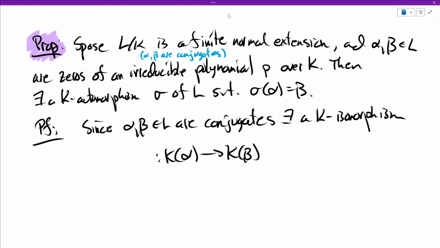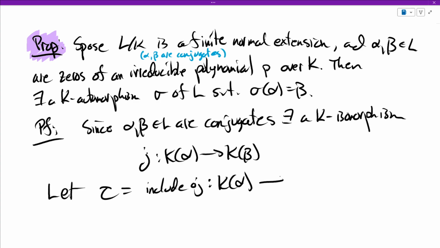Let me call it J. Let's let tau be J as a function from K adjoint alpha to L. So we do J, and then we say, hey, let's then include that into L. That's all that tau is.